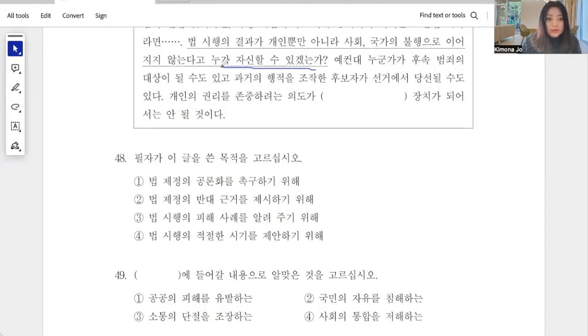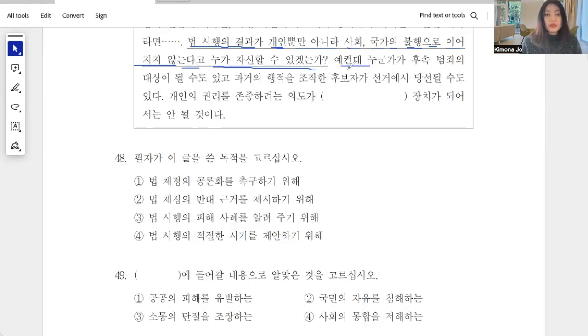Who can be so confident that this result of the law enforcement is not linked, connected to not only the individual, but also the unhappiness of the 국가, country, and the society.